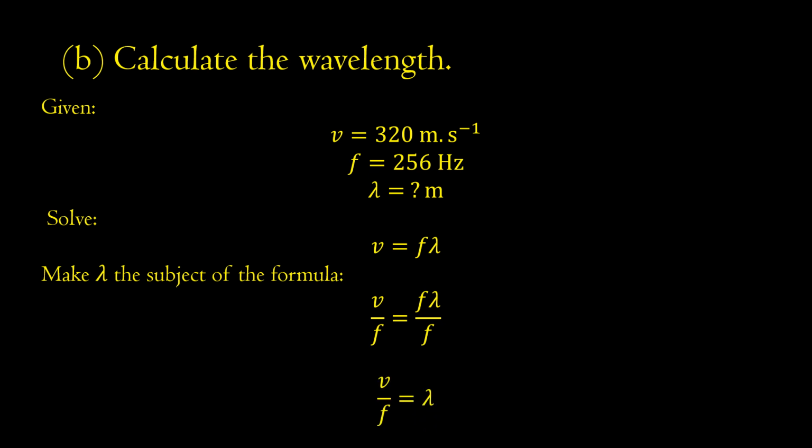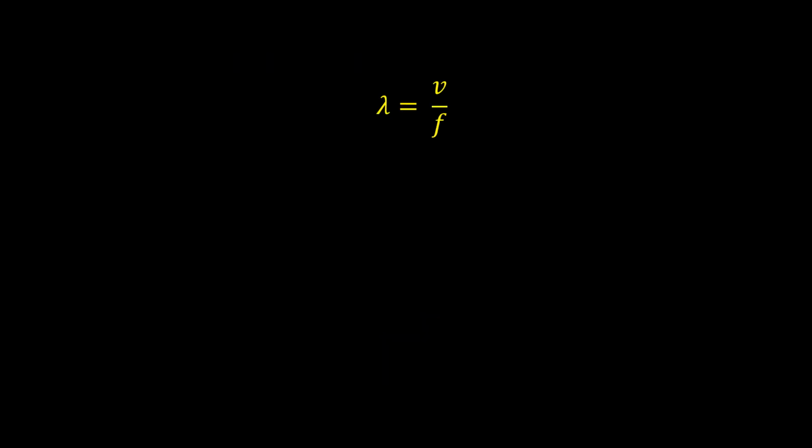This means that on the right-hand side, you will only be left with lambda, and on the left-hand side, you'll be left with the speed V divided by the frequency. So we know that the wavelength lambda is given by the speed V divided by the frequency F.